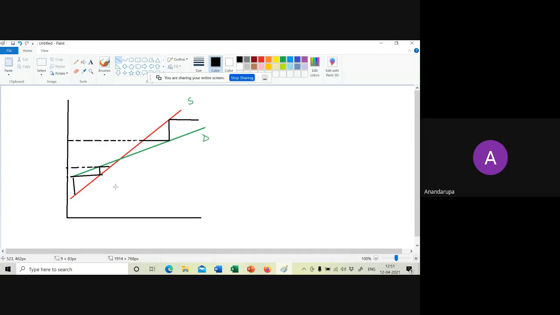Yeah, okay ma'am, I got it. Excess supply, price is going down, down and down. Okay. So what we are finding is a monotonic divergent time path of price.